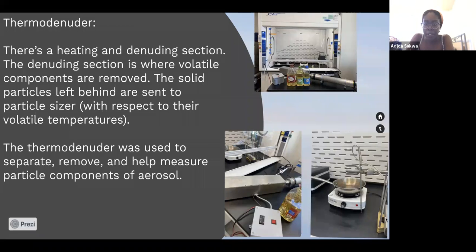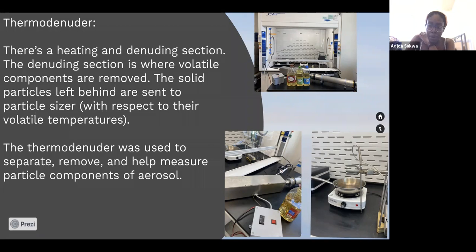And this little device in the bottom left corner is a thermodenuder. What it does is, as the aerosols evaporate into the air, it takes them in, heats up the aerosols and separates them based on their sizes, and then transfers them to these other machines that we will talk about in the next slide.